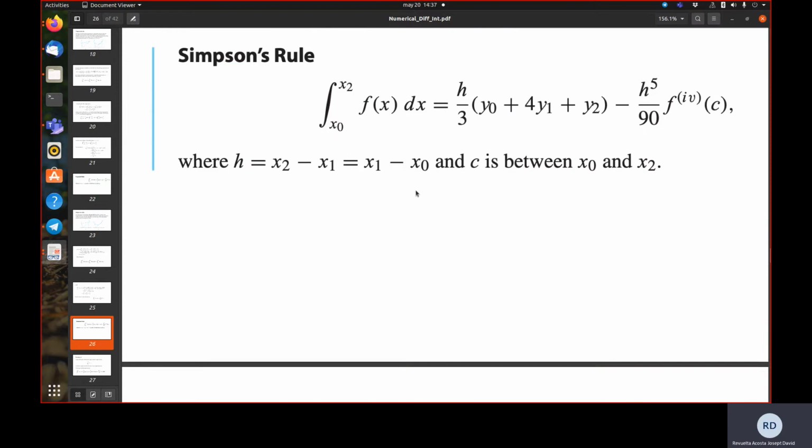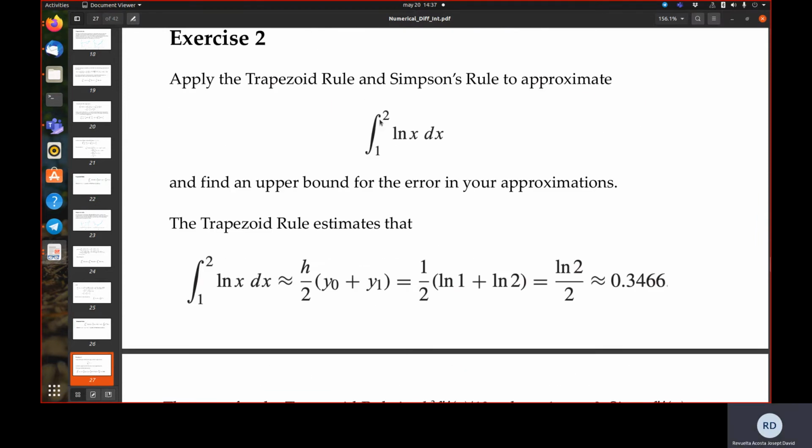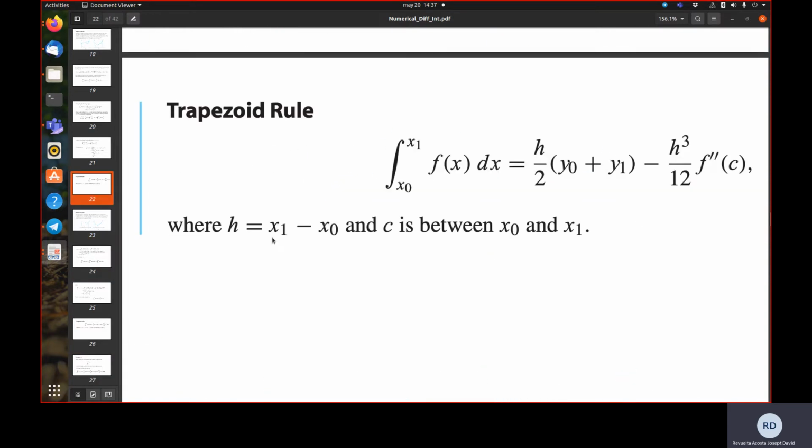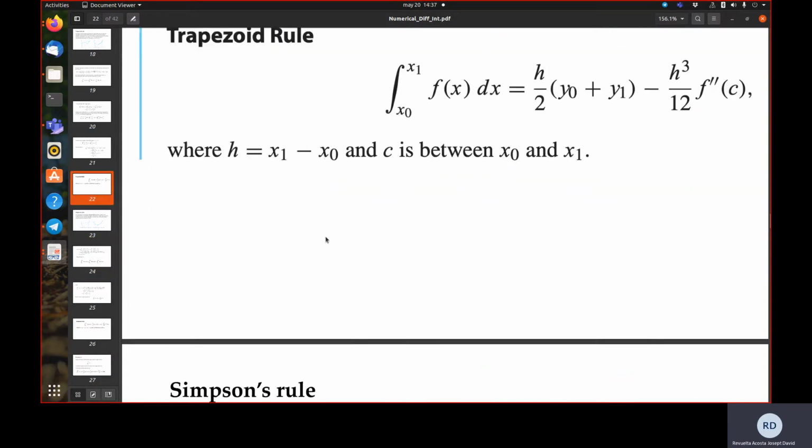So if we use this one, using the Trapezoid Rule, this integral can be approximated by h divided by 2, times y0 plus y1. Let's work on this one. h, according to this rule, is going to be x1 minus x0.